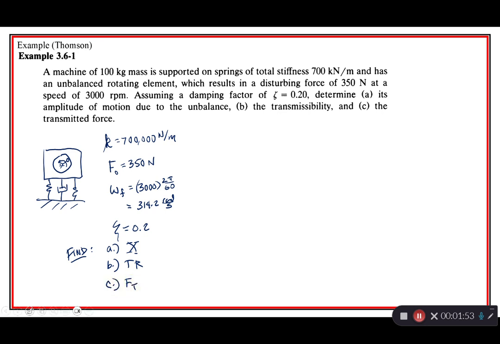All right, so in any problem, as soon as we can, I didn't write the mass down, as soon as we can, if we have enough information, find the natural frequency.